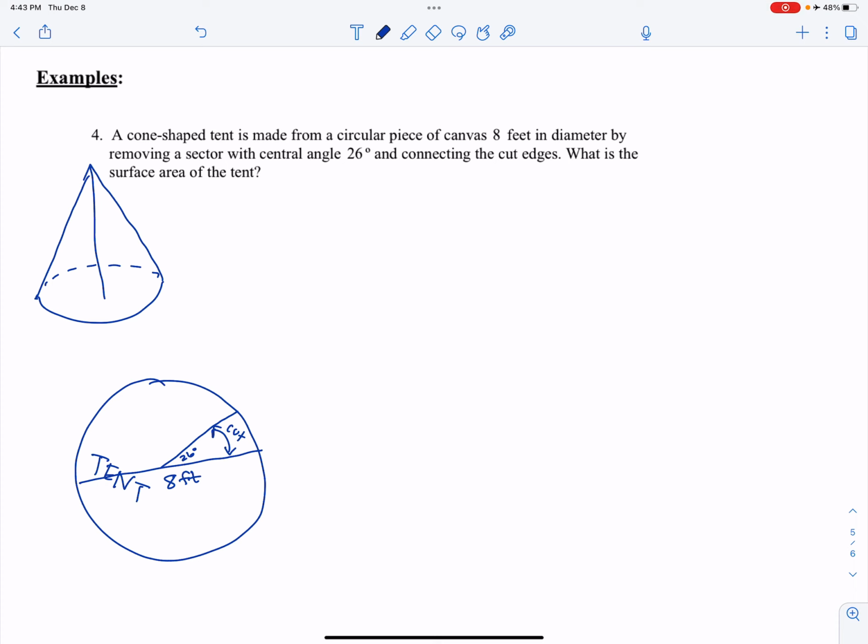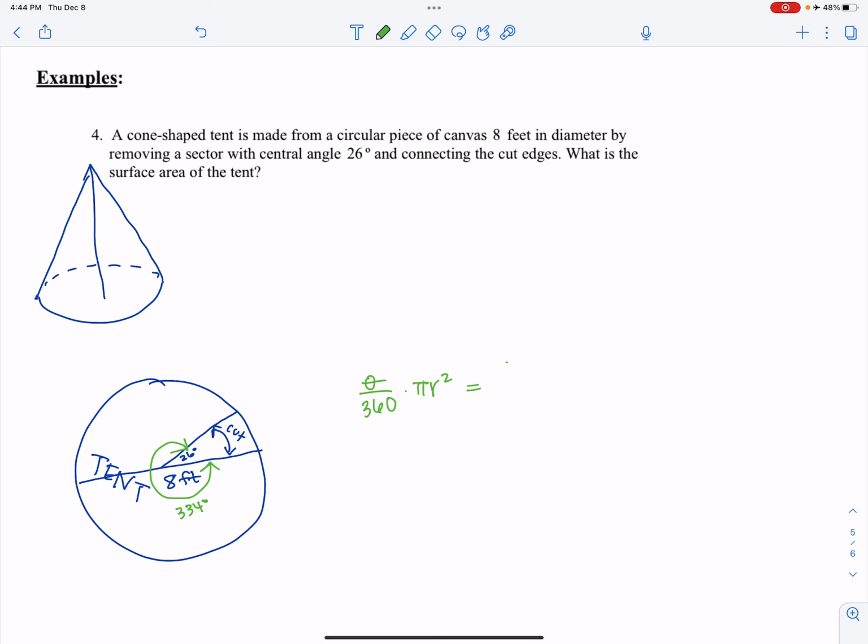So the area of the sector, I would say, what's the area of the sector that's left? So if 26 degrees were taken out of it, that leaves us with 334 degrees. An area of a sector is theta over 360 times pi r squared.